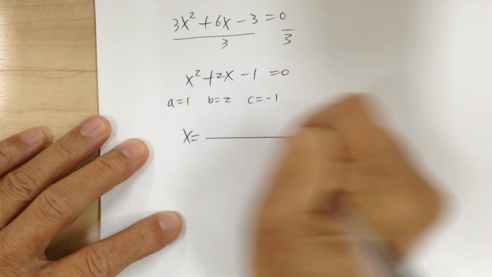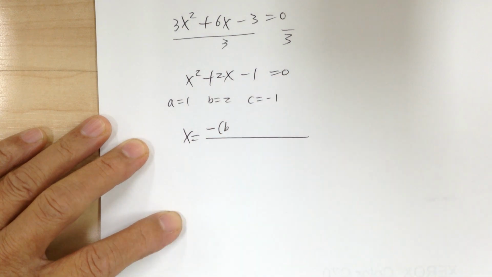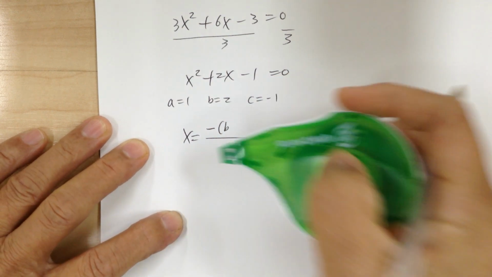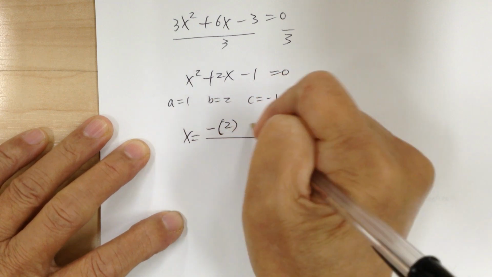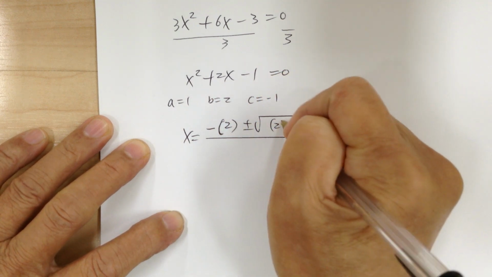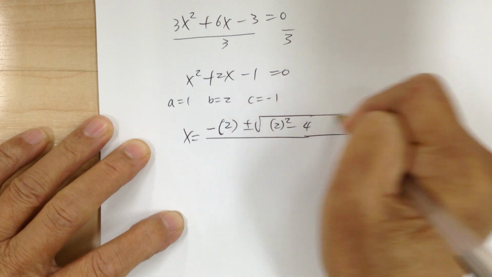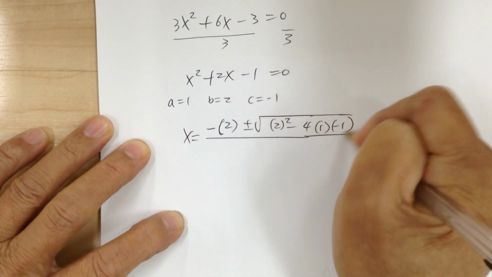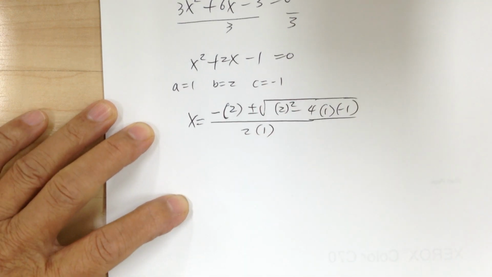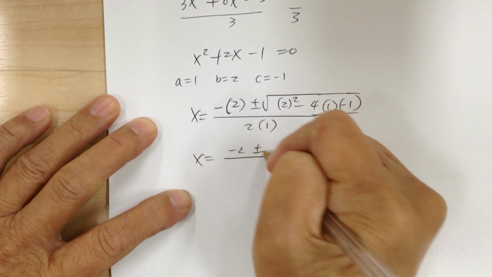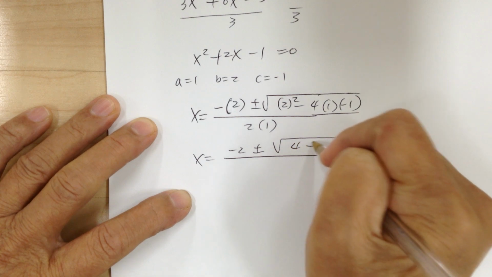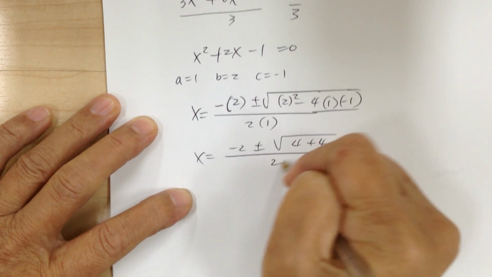So x will equal negative b. I'm just going to substitute. So negative b plus or minus square root of b squared minus 4ac over 2a. So x equal to negative 2 plus or minus square root of 4 plus 4 over 2.